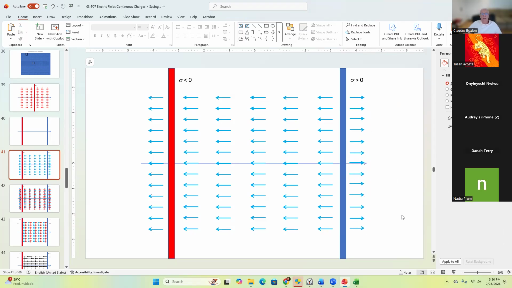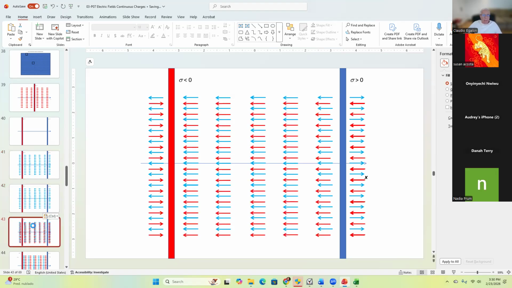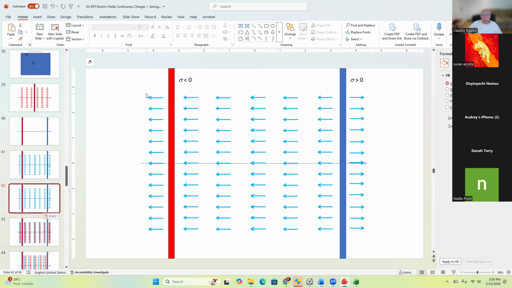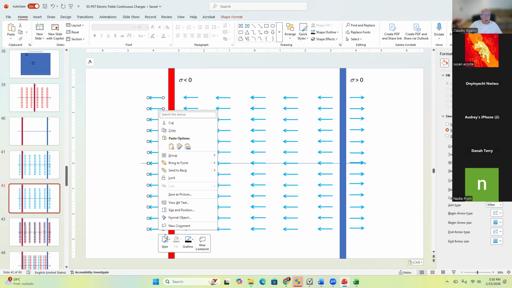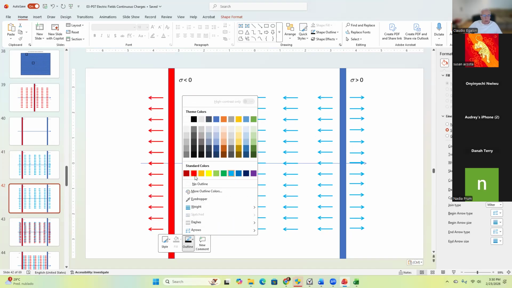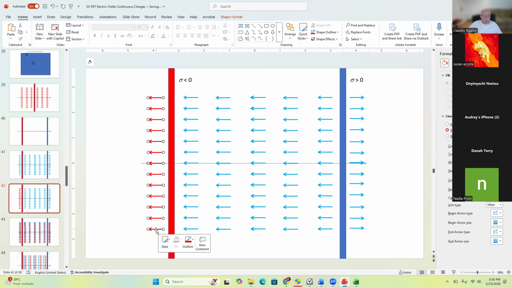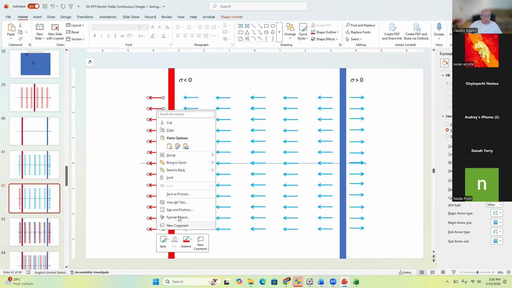And then we can draw the contribution of the negative plate only. I'm going to make it easy. This one here, I'm going to change the color to red, and then I'm going to change their direction.